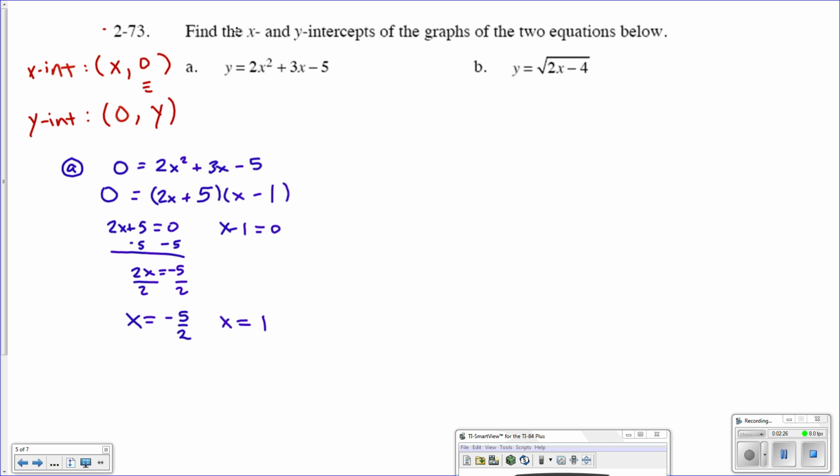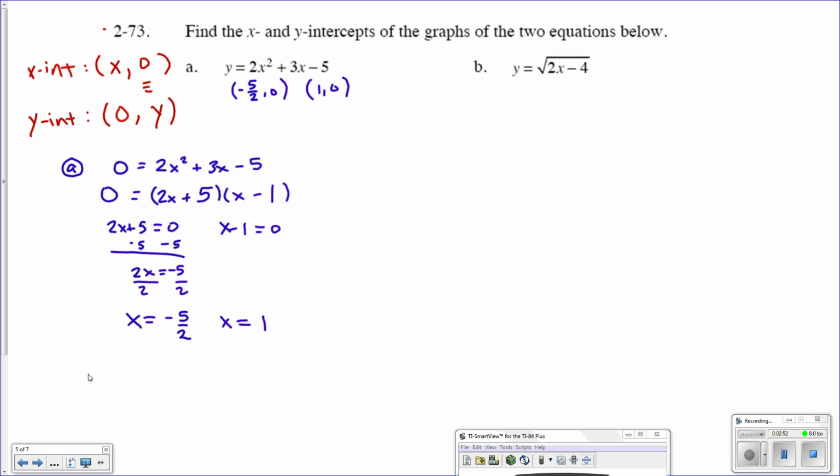So right now, we're finding the x and y-intercepts of these. So the x-intercepts at the moment here are negative 5 over 2, comma 0, and 1, comma 0. To get our y-intercept, remember, you would just want to take 0 and plug it in for x when you're in standard form.